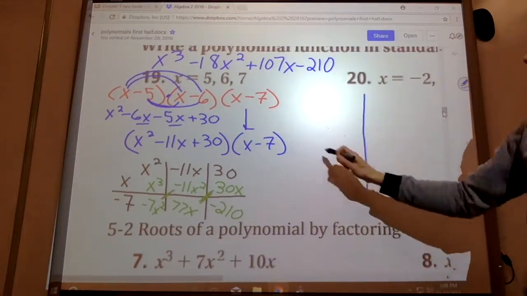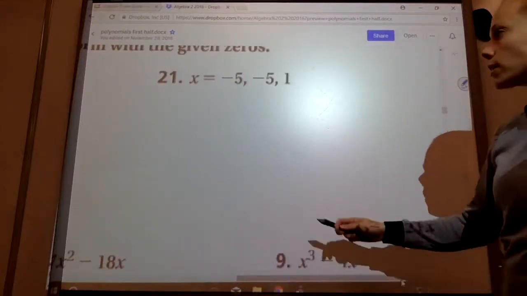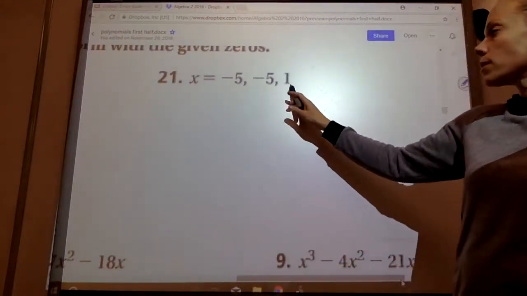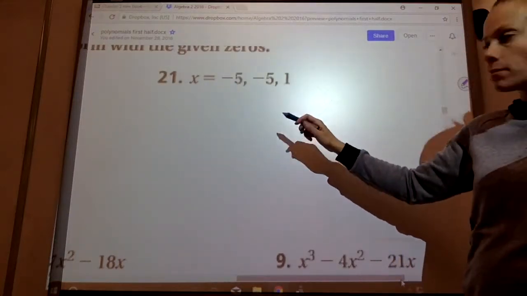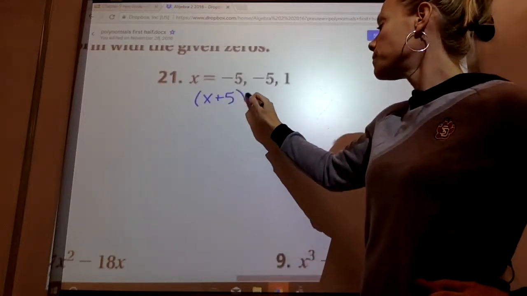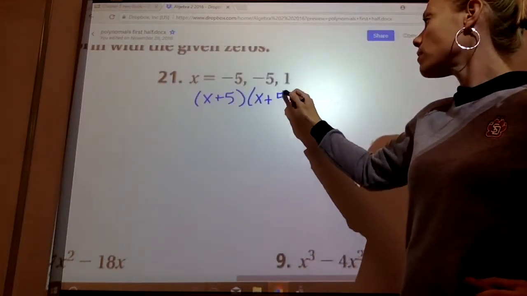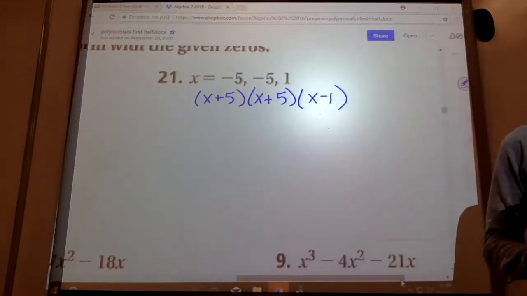If I were to graph that, okay, so again I have 3 roots: negative 5, negative 5, and 1. So I'd have x plus 5, x plus 5, x minus 1 as my factors for those three roots.